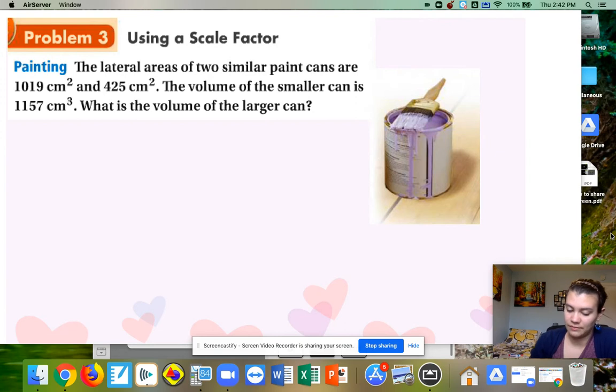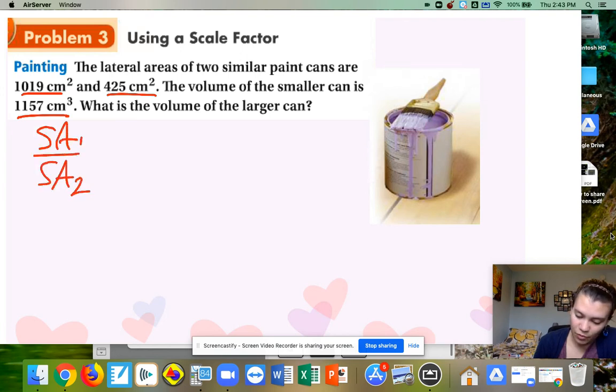All right, so here we have that the lateral area of two similar paint cans is this. The volume of the smaller can is this, with the volume of the larger can. So you want to start by finding the scale factor. So our surface areas, we'll put the smaller one on top.